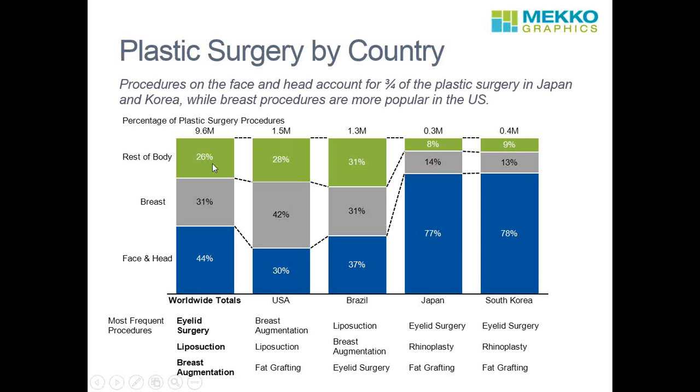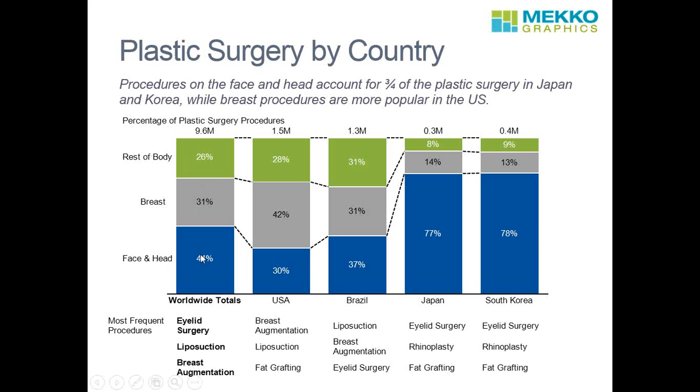So I used a 100% stacked bar chart, which is a good chart to show percentage allocation to different market segments. In this case, the market segments are the part of the body on which the plastic surgery is performed.